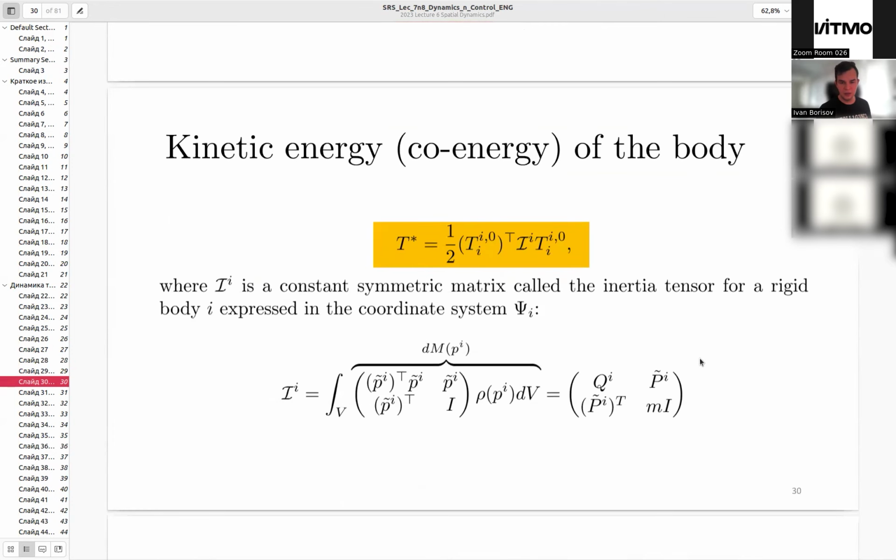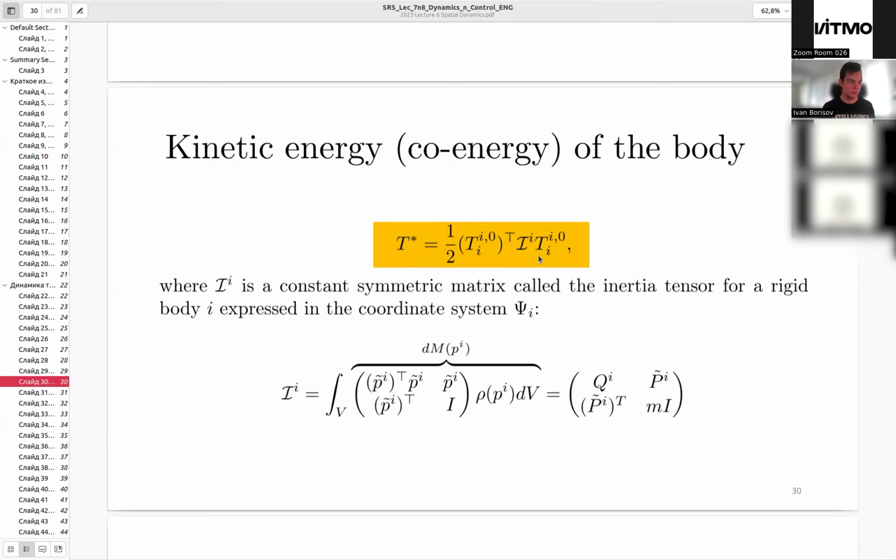And finally, the kinetic energy will look like this. So it's pretty much the same equation. It looks similar to the kinetic energy of a point mass, the point mass that we started our lesson today from. It was 1/2 m v squared.